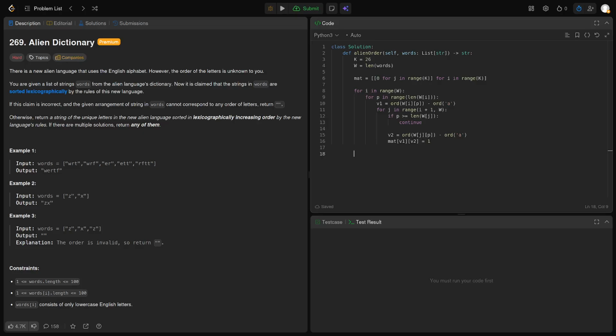So we got that. So we build that adjacency matrix.